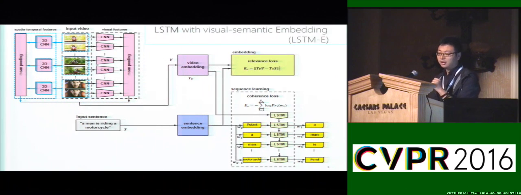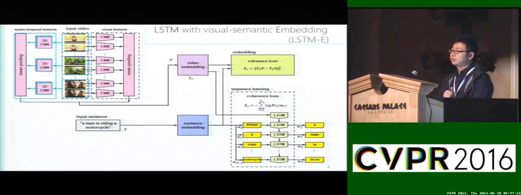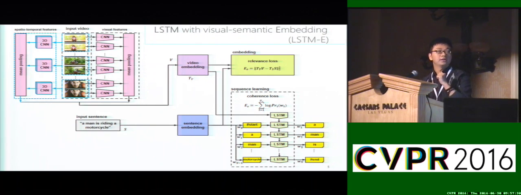Okay, specifically, we present the LSTM with Visual Semantic Embedding model, simply named as LSTM-E, as shown in this figure. First, given a video, 2D and 3D CNNs are utilized to extract the feature representations, and then the final feature is generated by mean pooling over all the frame level and clip level features.